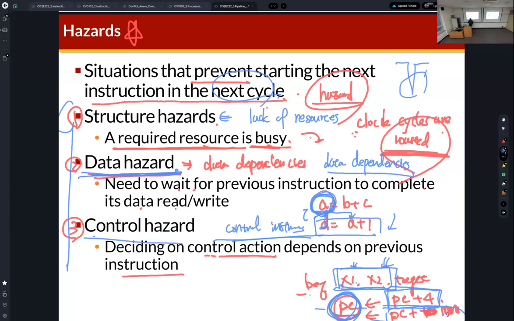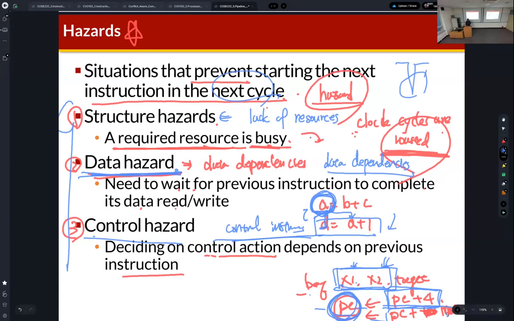So you can understand that hazards are events that waste clock cycles in the pipeline processor. When clock cycles are wasted, you can understand that these are hazards.